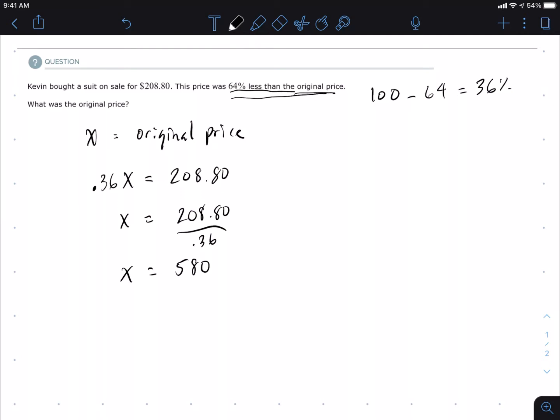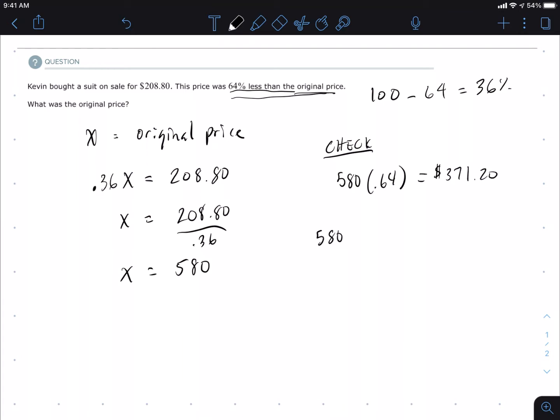So we can check it, and that's a good way to do it. What's 580 times 0.64? It's 371.20, in terms of dollars. Now we want to see if we took that discount away from the original price, would that give us the $208.80?